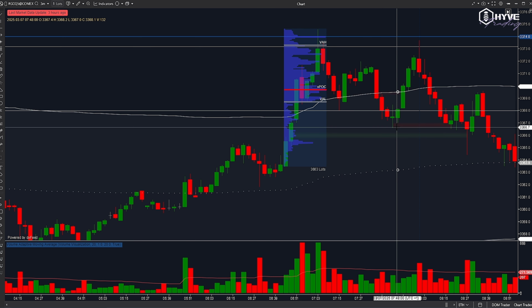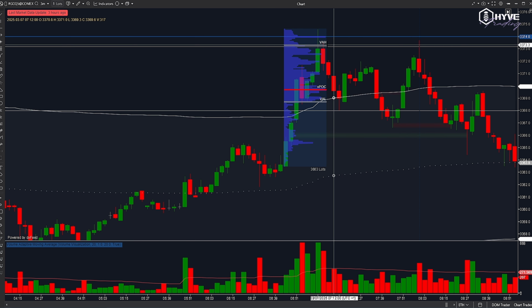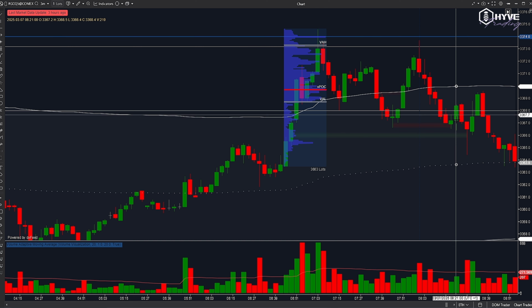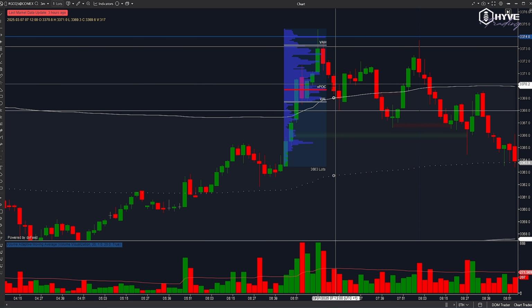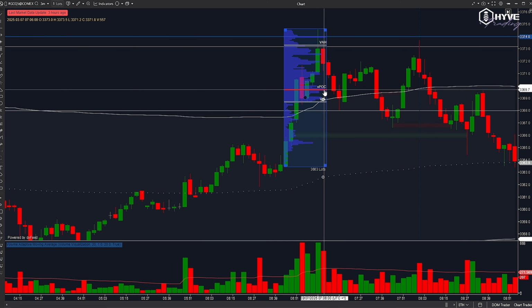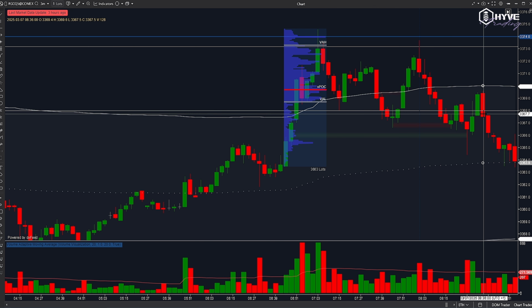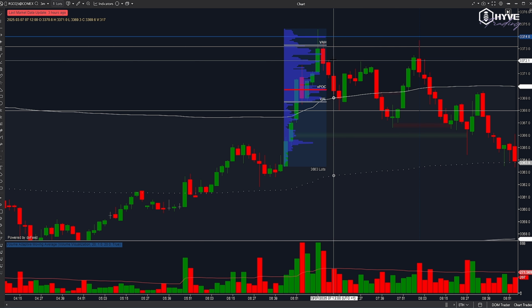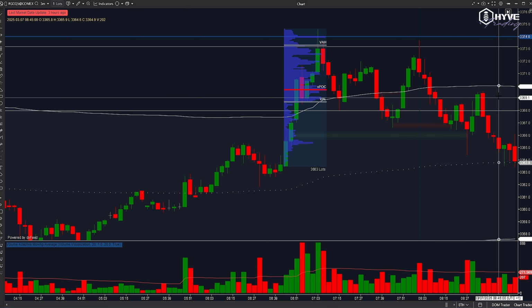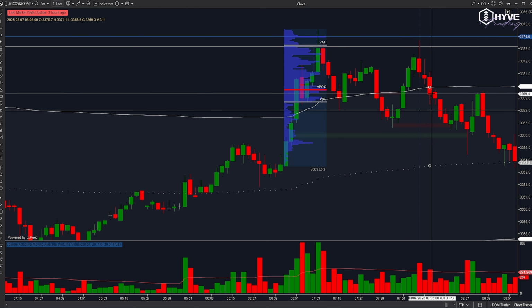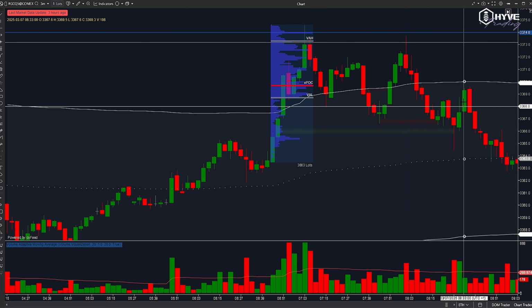So the first time, they successfully pushed it back up to the value area high and sellers stepped in. This time around, they successfully pushed it to the volume point of control and they got sellers step back in. So now you're starting to see the change in sentiment of gold here, right? Sellers are getting aggressive. And now this time around, they couldn't even push above the upper standard deviation band.